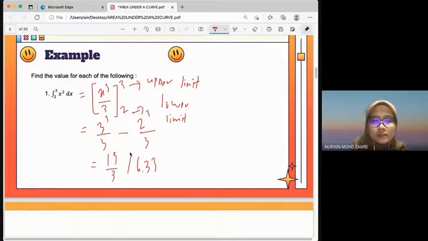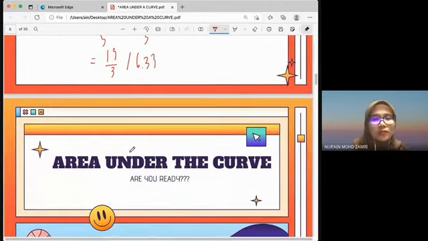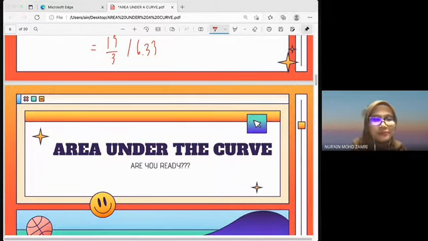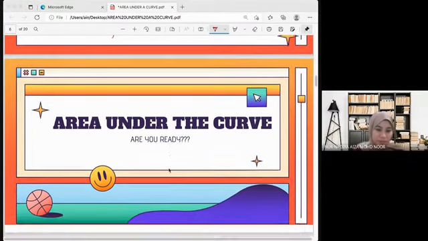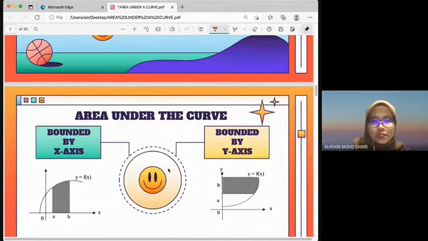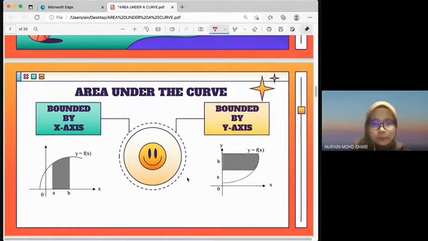Next, we proceed to our lesson today, which is area under the curve. Are you guys ready? Yes, teacher. For area under the curve, there are two types: one bounded by the x-axis and the other bounded by the y-axis.